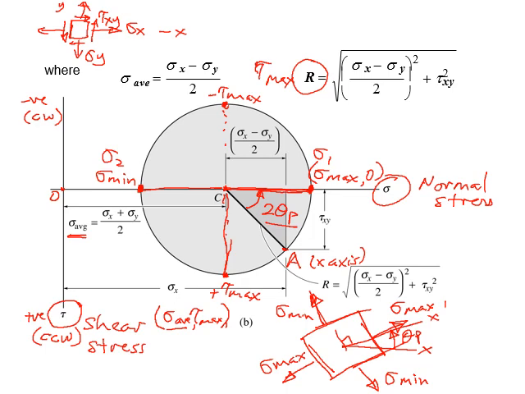So for this location here, it tells you that when you have maximum shear stress, you are bound to have normal stress on all the planes, because here it is sigma average. On top here, the coordinate also is sigma average and minus tau max.